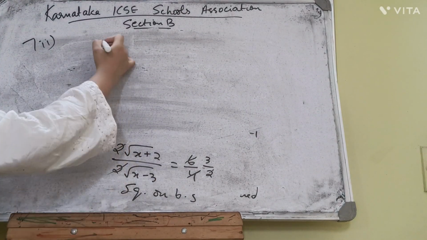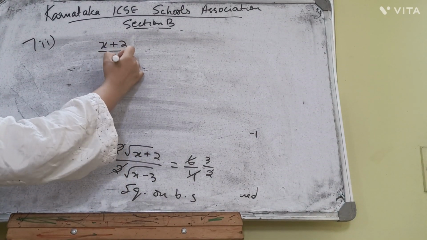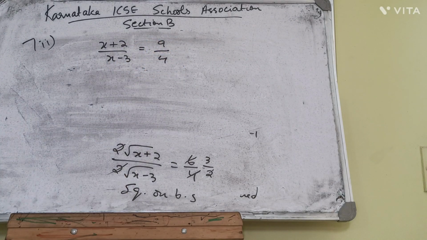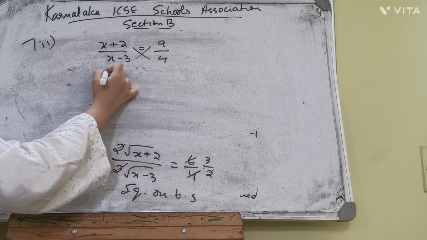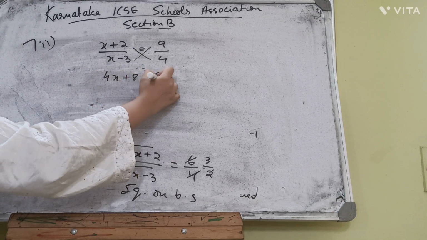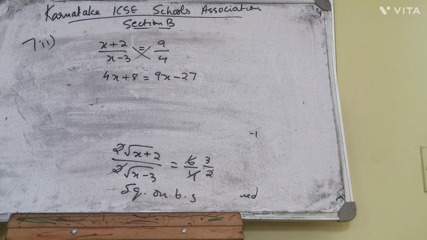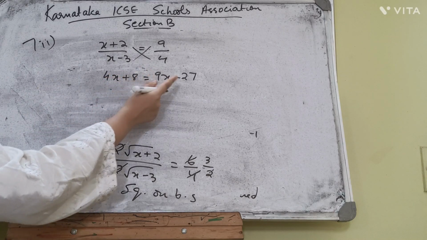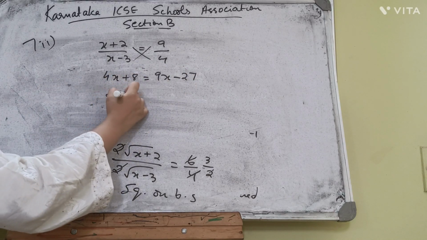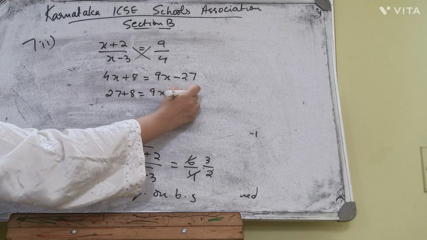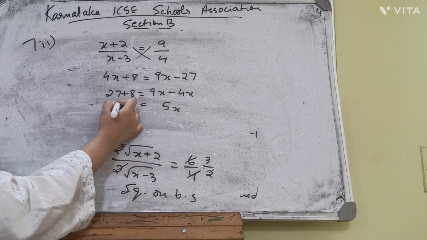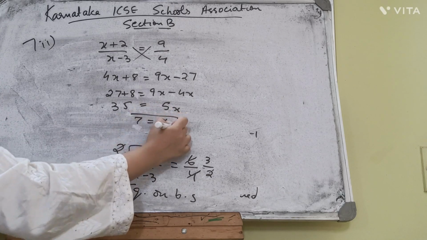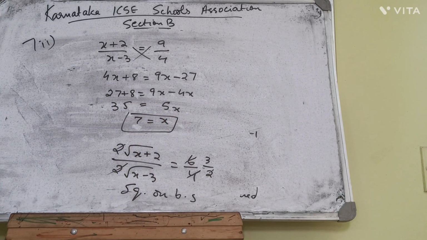So on squaring on both the sides, we get x plus 2 by x minus 3 equal to 9 upon 4. Cross multiply, get 4x plus 8 equal to 9x minus 27. Shift all x terms to one side and numbers to one side. You have 27 plus 8 here and 9x minus 4x. This is 5x and this is 35. So x value will be 7.